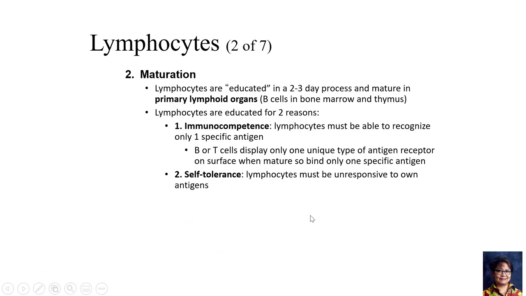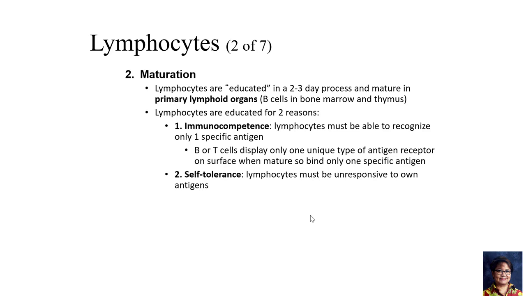So, in the process of maturation, these lymphocytes are educated in between 2 or 3 days, and they mature in the primary lymphoid organs. The B cells mature in the bone marrow, which is the primary lymphoid organ of the B cells, and the T cells in the thymus gland. And the lymphocytes are educated for two reasons.